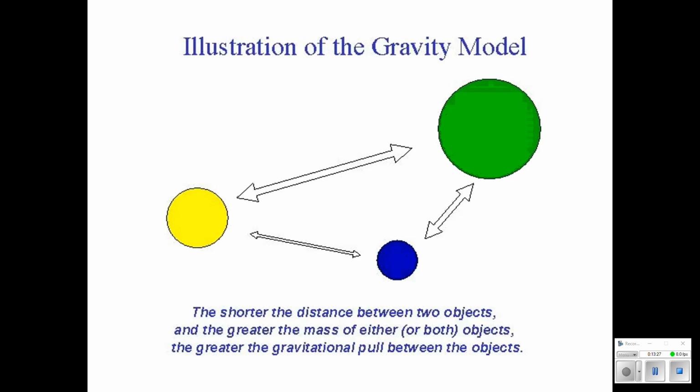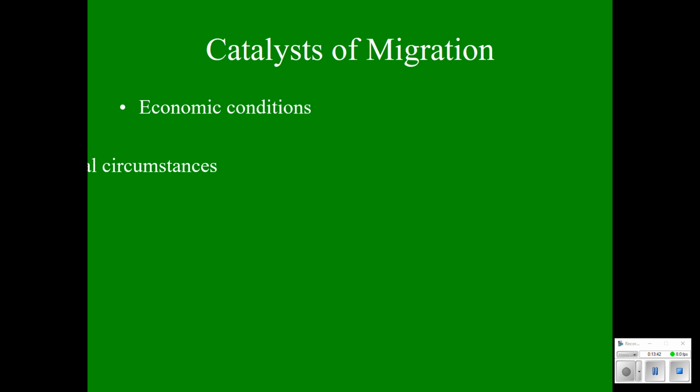This is simply just an illustration of that gravity model. Again, two places that are bigger are going to have more migration between them than two places that are smaller. And also there'll be more migration between places that are closer together than there will be between places that are farther apart.